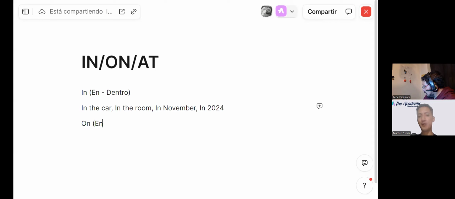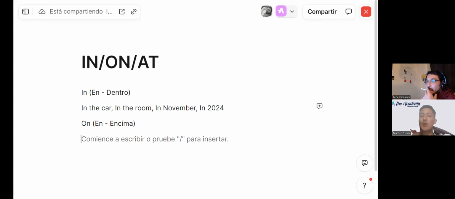Then we have on, that the translation could be as "sobre" or "encima de", no? On. So what is the logic? You're going to tell me, teacher, why do we say on the bus and not in the bus?